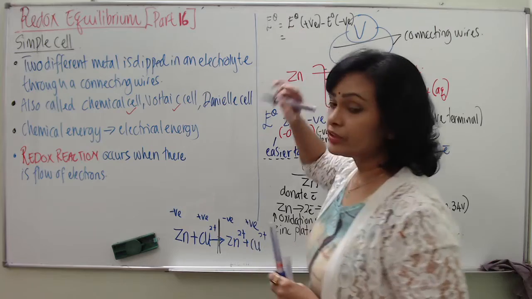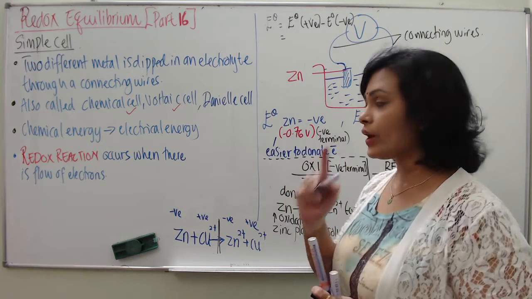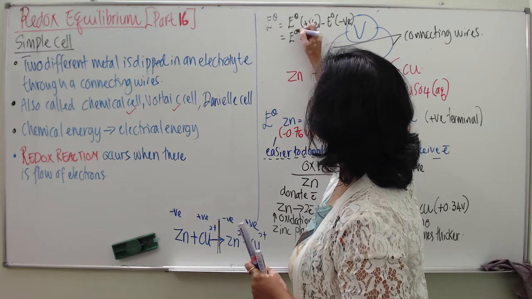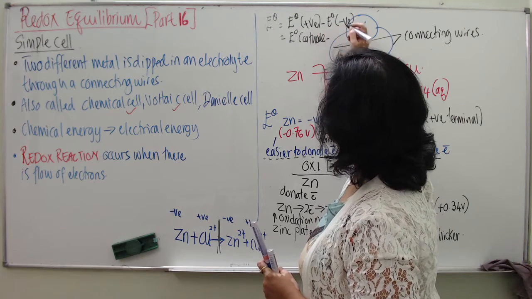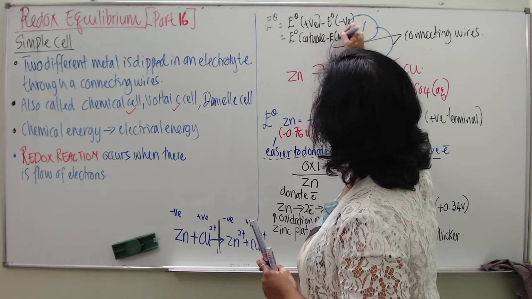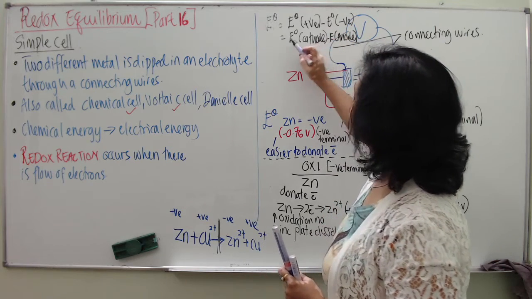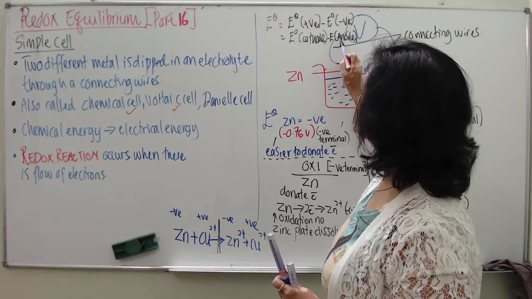Technically, teacher has discussed this in one of our previous videos, where the standard electrode potential difference will be calculated as cathode minus anode. Teacher repeats, the standard electrode potential difference for cathode minus the anode.